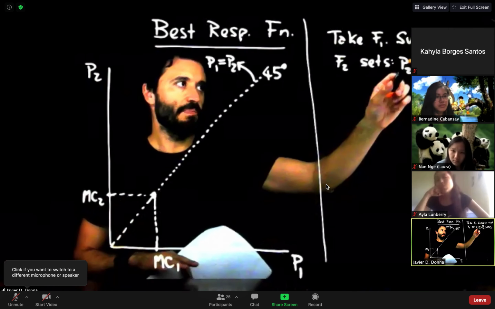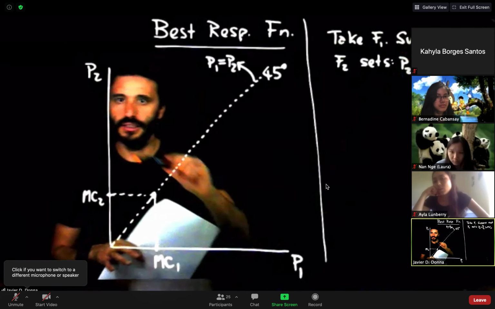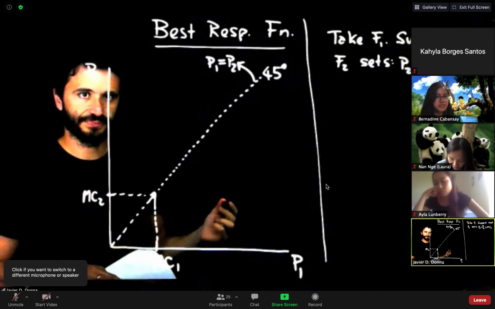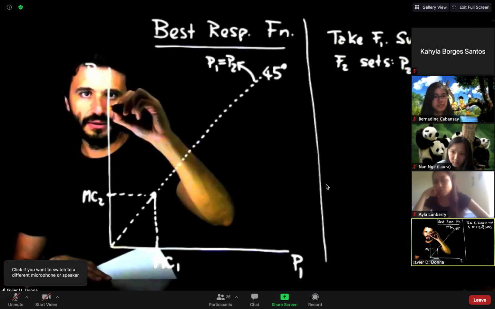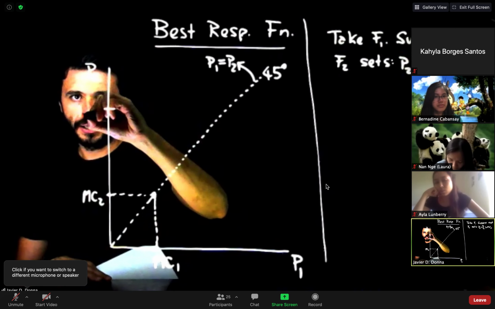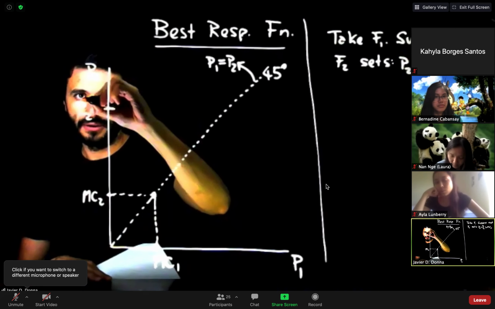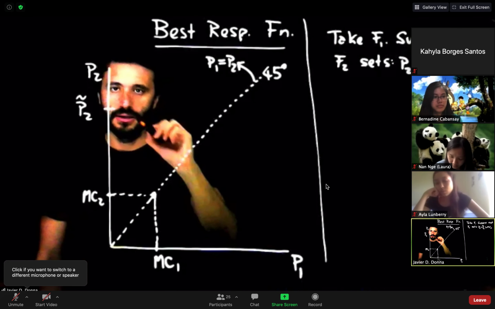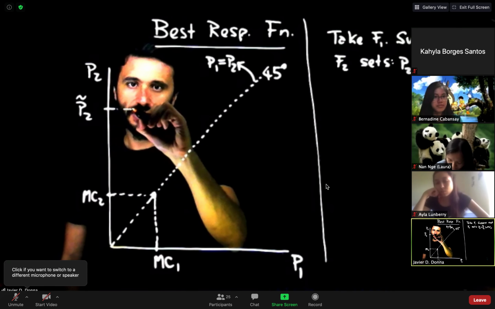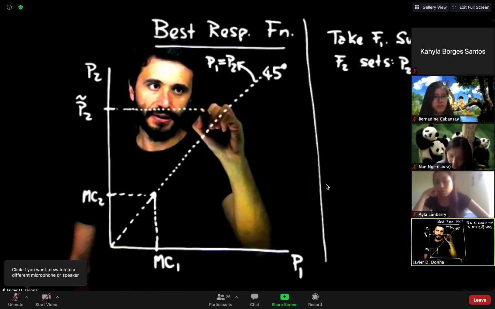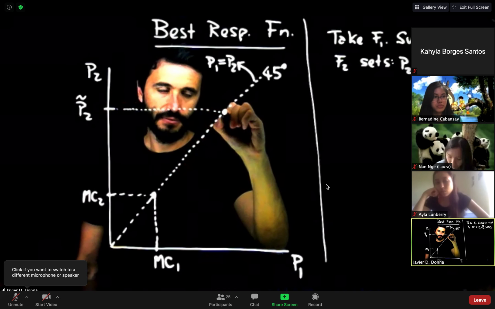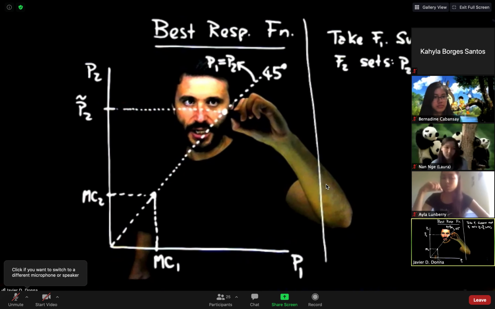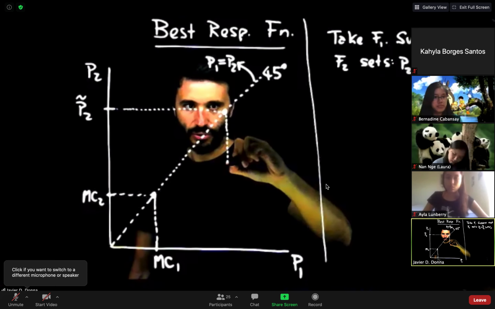I call this P tilde just to be general, but it's basically any price. So let's locate that price here. Now we can use the 45-degree line and project that price to the horizontal axis.